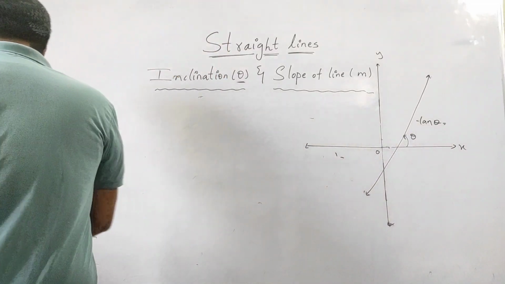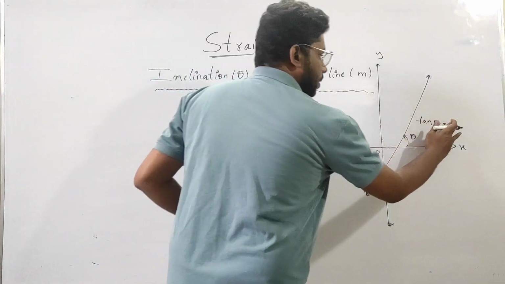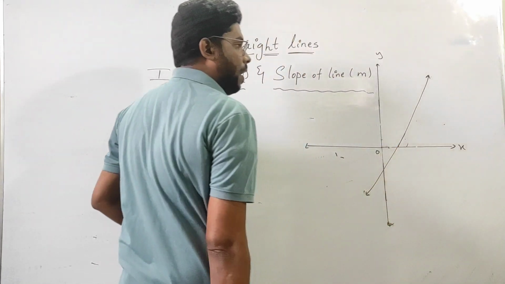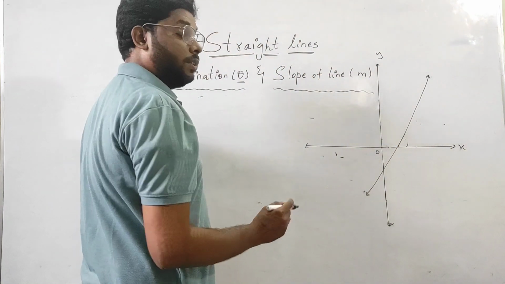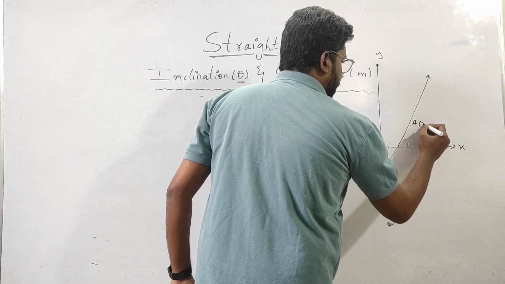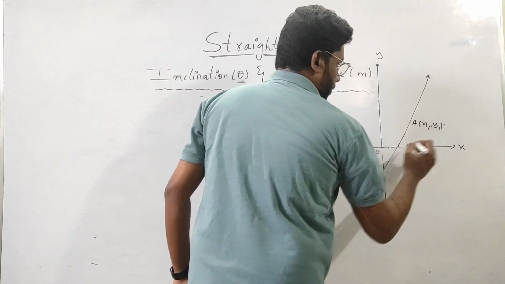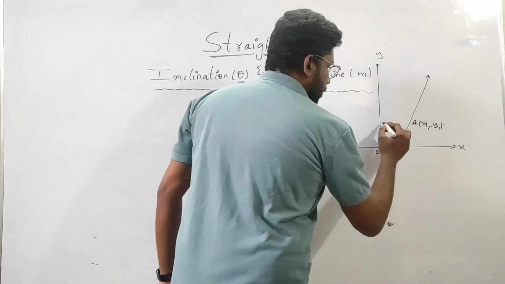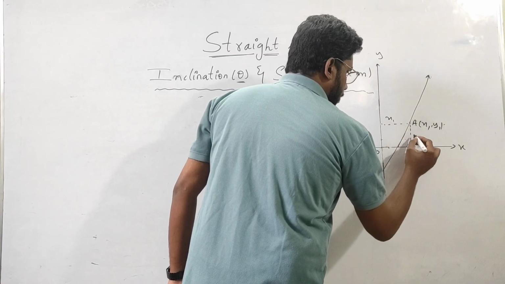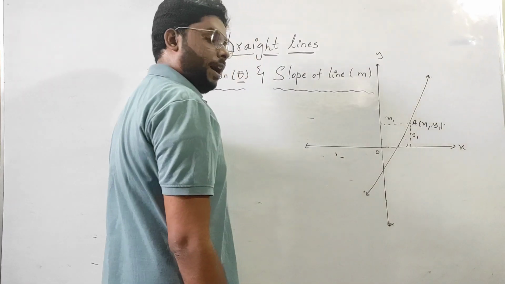Consider this is our straight line. Our straight line is passing through 2 points. Consider this is the point A, x1 comma y1. So this distance is x1, and this distance is y1.